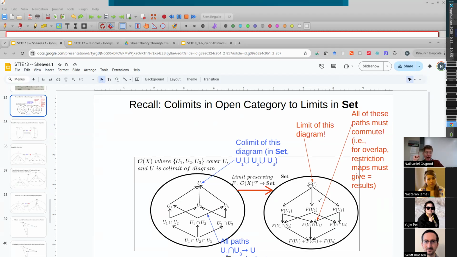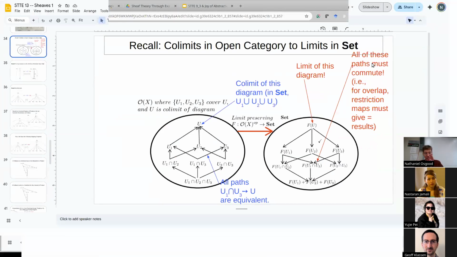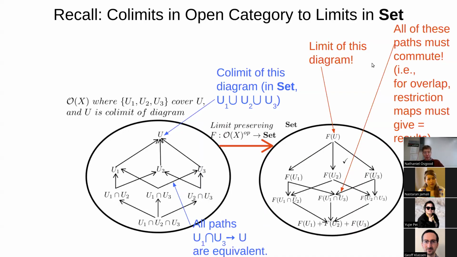It has the flavor of a pullback because if I go here and then there, it has to be the same as going here and then there, right? That gives a little bit of a flavor of a sheaf. I mean, both are limits. That's what distinguishes them. And what this is saying is that a sheaf is not only any old value here.